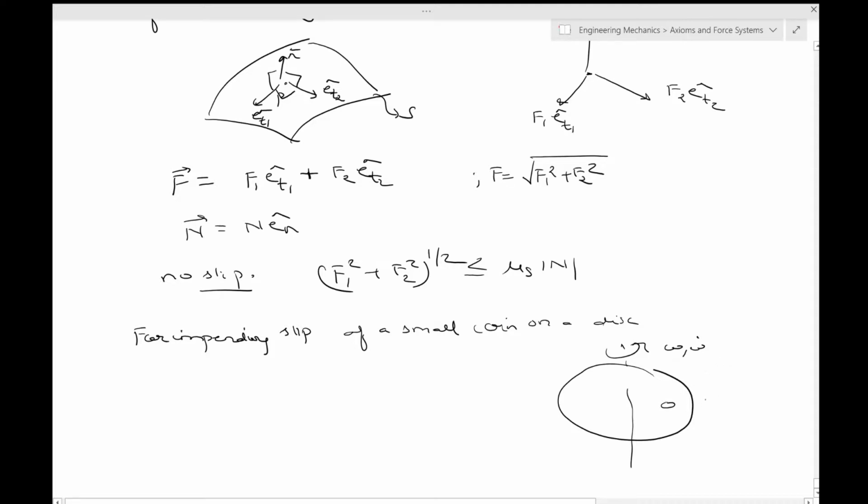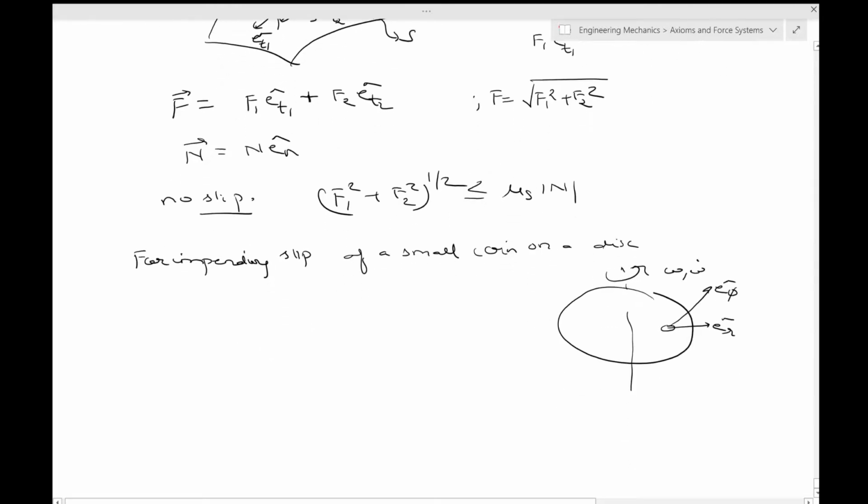So this has the ER direction, this has an E phi direction. In this case if you look at the poor coin, it will have a normal force like this, it will have mg, its weight, so it will have minus F1 ER and it will have F2 E phi hat.